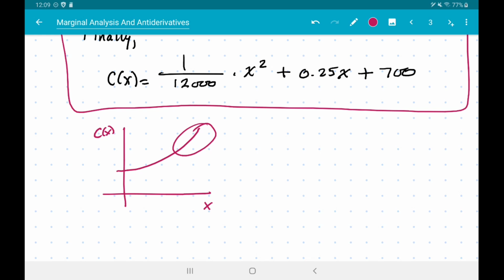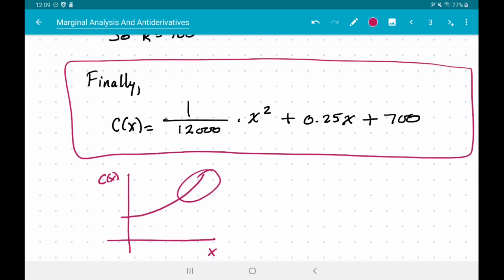If you're storing a bunch of stuff, maybe you have to build a new tank, and you have to figure out how to accommodate that and how to work it into your business modeling. It's the kind of thing that can give you these quadratic terms in the cost function. Notice that this coefficient is kind of small. 1 over 12,000 is not a real big number at all. It's going to be around 10 to the minus fourth. So it doesn't come into play unless you're really overtaxing your equipment. But it is something that's worth keeping track of.